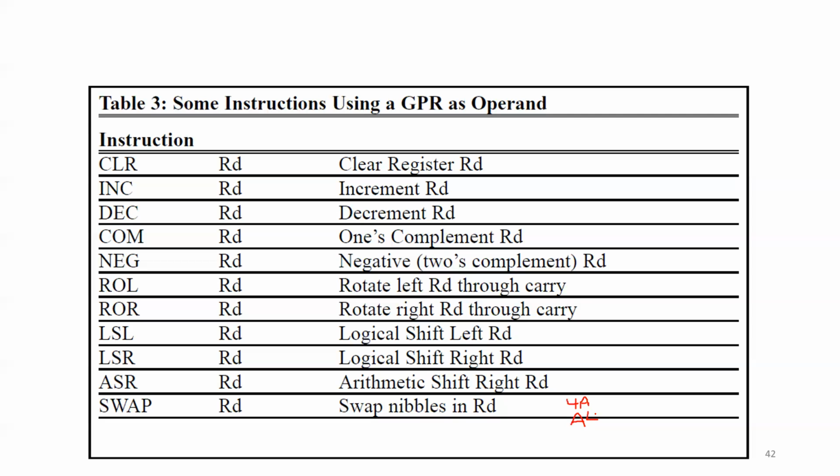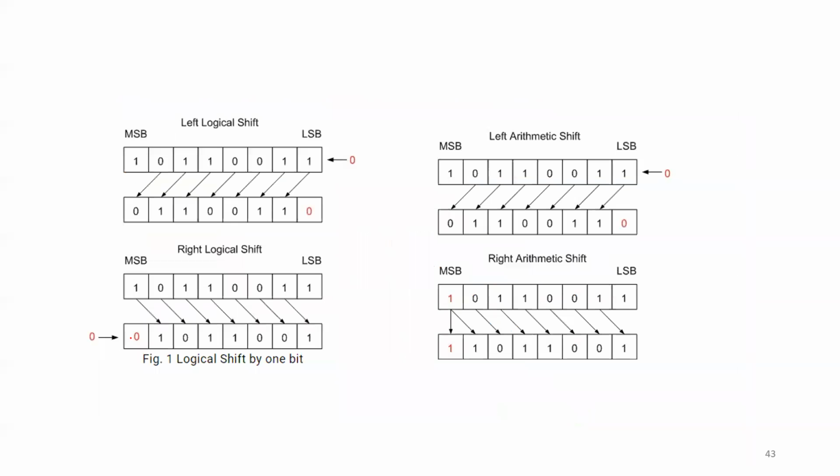So this is the meaning of swap for the data of your register. So we have here some rotate left, some arithmetic left, right, and so on. Let me just elaborate more, guys, at this point in order to understand the meaning of left or right shift, logical shift or arithmetic shift.